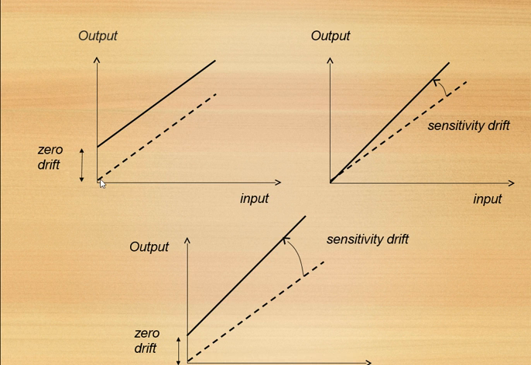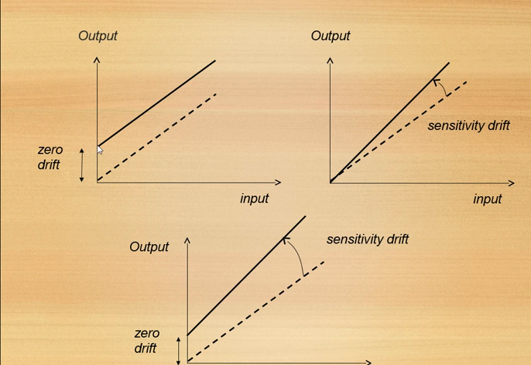It starts from 0 and increases linearly as we go on increasing the input, and we get the output. This is the input axis, this is the output axis. This is the desired graph, and this is the real one that we are getting.